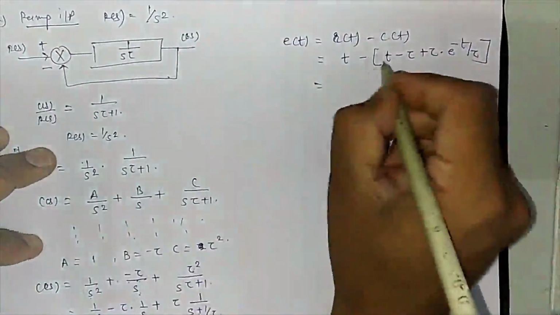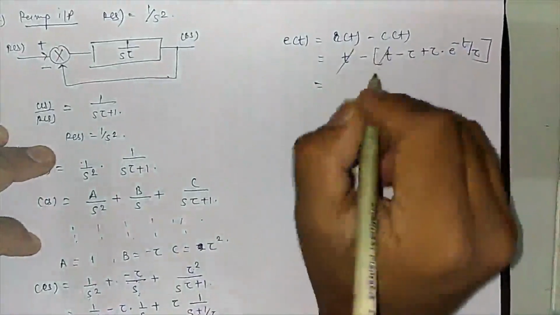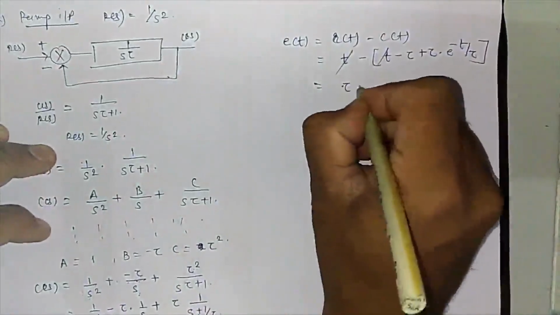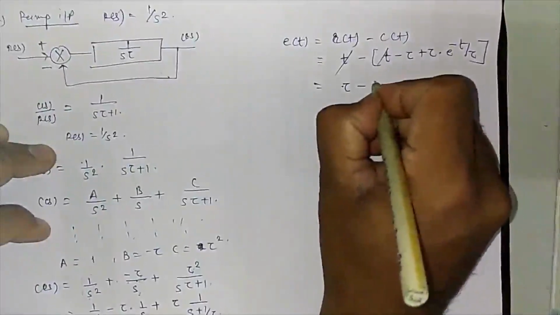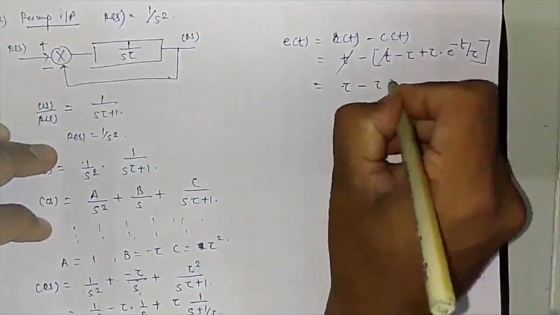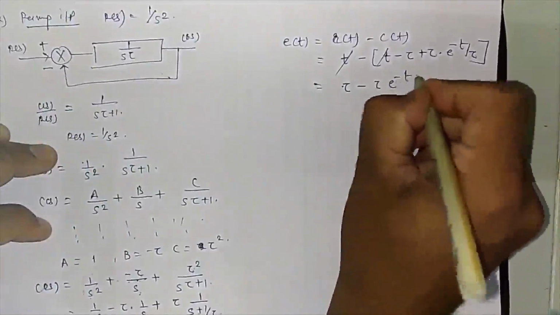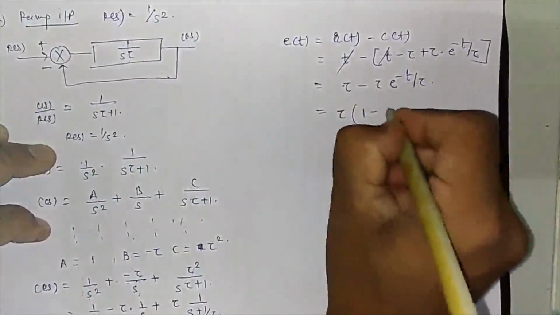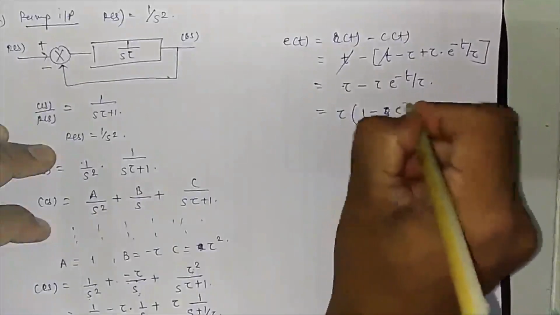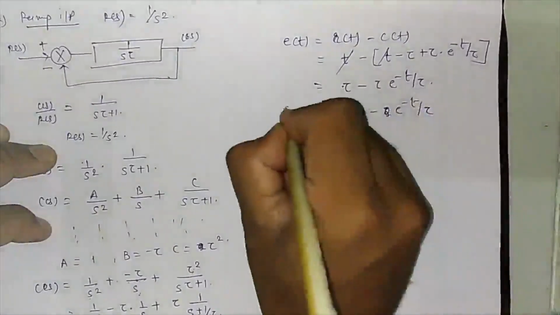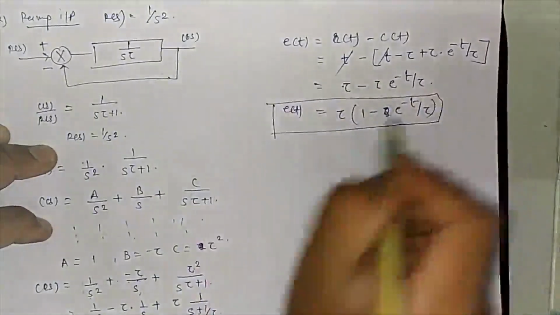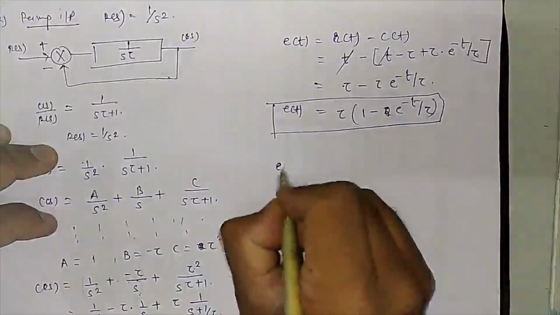Okay, so if I am opening the bracket, this t is going to be cancelled out. So there will be plus tau minus tau e raised to minus t by tau. Taking common quantity as tau, it will be tau times 1 minus e raised to minus t by tau. So this will be e of t.